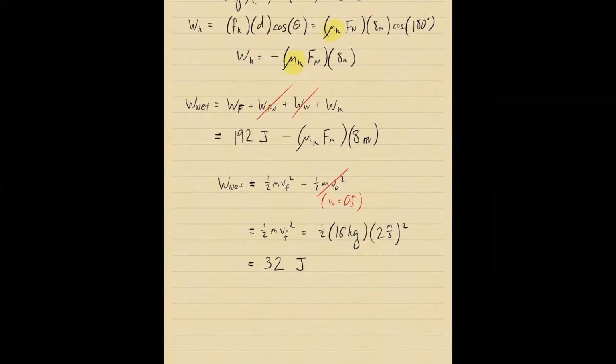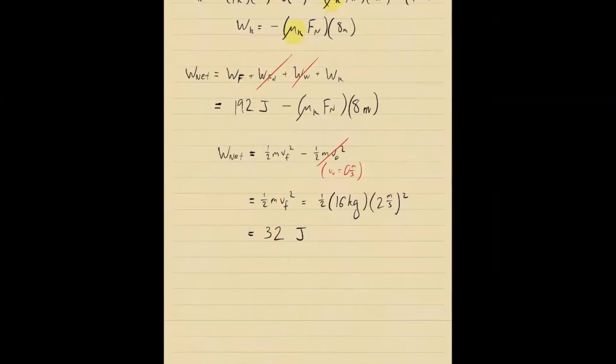And so we know that the net work done is going to be 192 joules minus the coefficient of kinetic friction times our normal force magnitude, right, times 8 meters. And that's going to be equal to our change in kinetic energy, which is just 32 joules. Right? Well, I can subtract off 32 joules from both sides, and then I can move this whole term over by adding it to both sides.